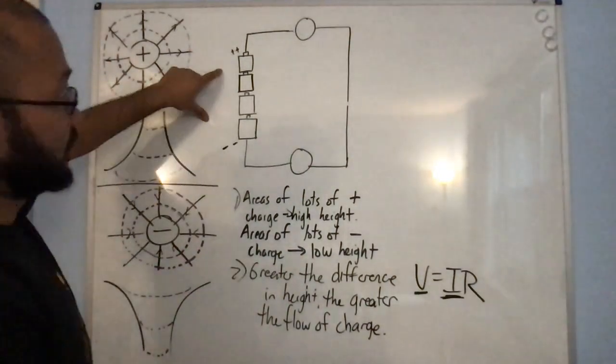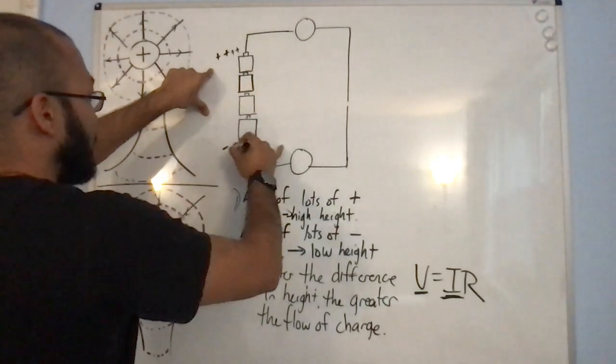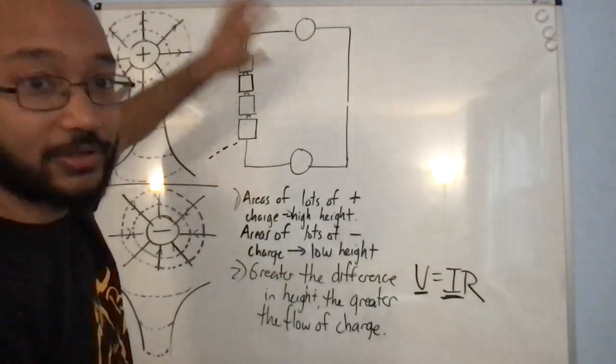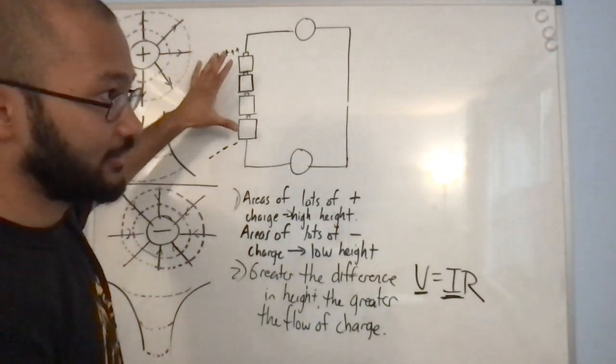but we can apply that here to understand what's going on with the capacitor. So number one, when I have a bunch of batteries, somewhere along the line, the height decreases, right? This is a high height, this is a low height. The batteries maintain that.